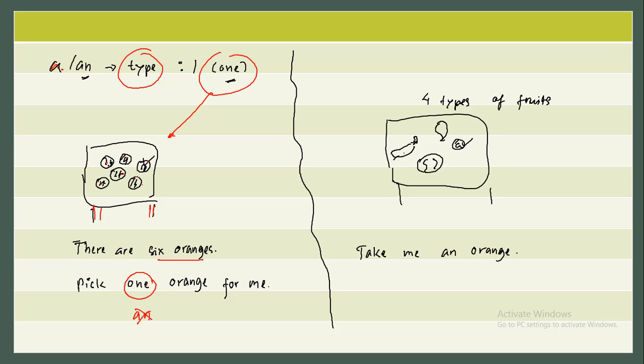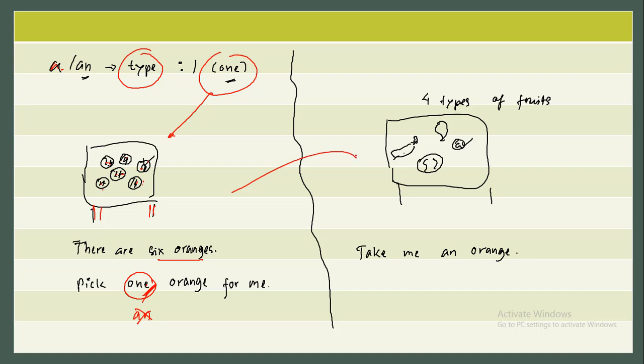Because we have the same type of fruit. We have the same character of fruit here: orange, orange, orange, orange, orange, orange. So that's why there are 6 oranges here, and I just need one orange. So I do not say pick an orange for me, because they are all oranges here. It is quite absurd if I say pick an orange for me.